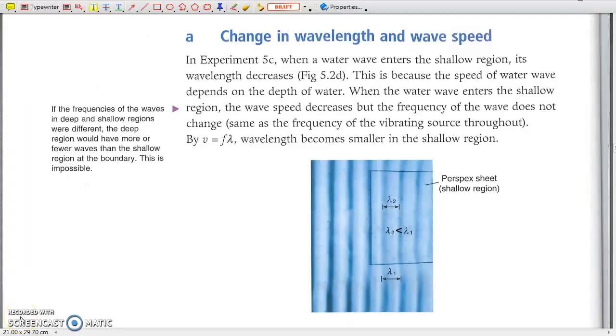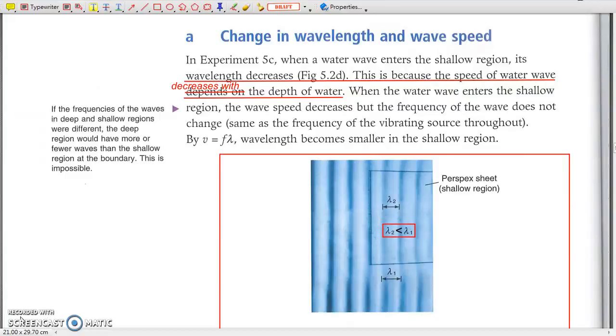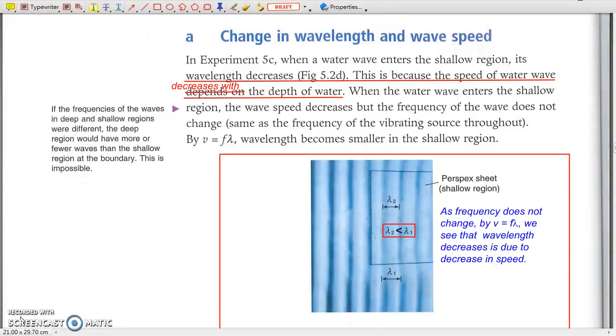A. Change in wavelength and wave speed. From the experiment, we can see that the wavelength decreases when the water depth decreases. As the frequency of wave cannot change, there must be a decrease of wave speed, as according to the equation v = fλ.